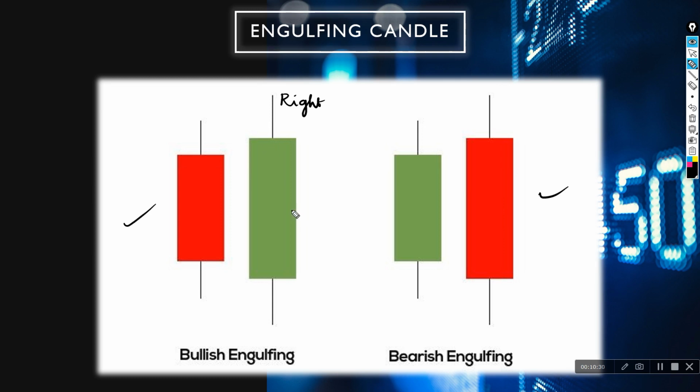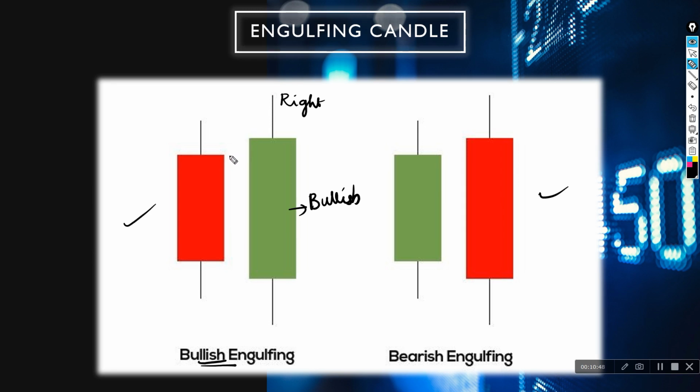understand this. Which candle is this? Bullish candle. All right, so we have a bullish candle and we call it bullish engulfing because this green candle is eating this candle. Okay, it is engulfing. When would you call that?